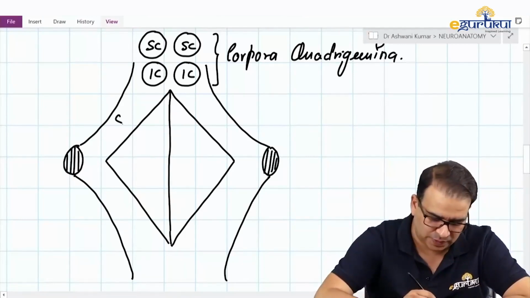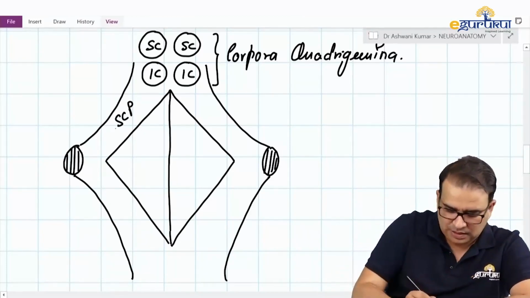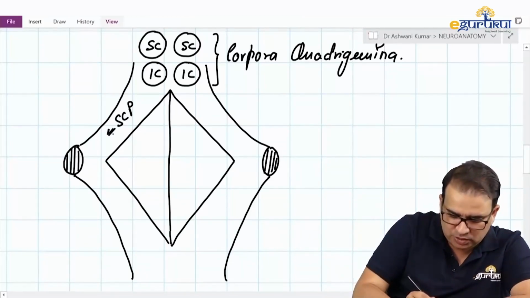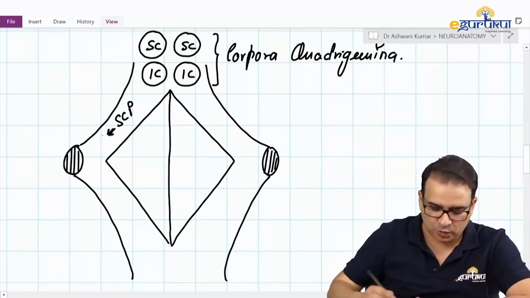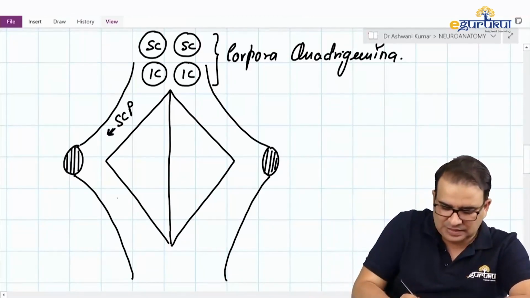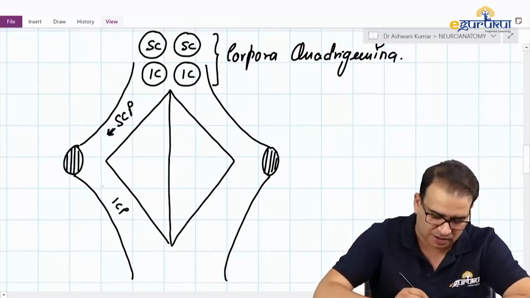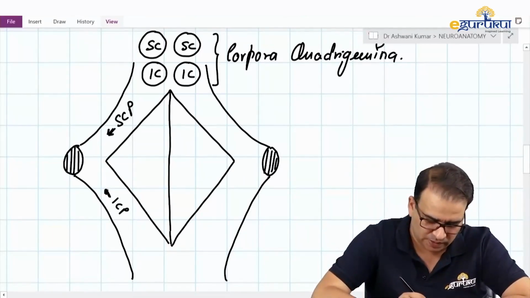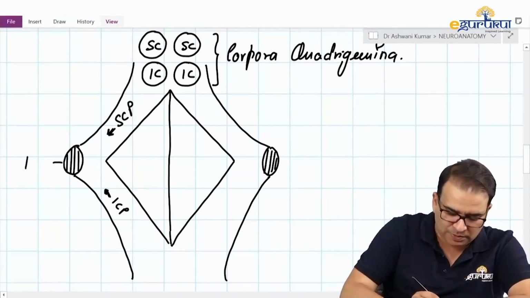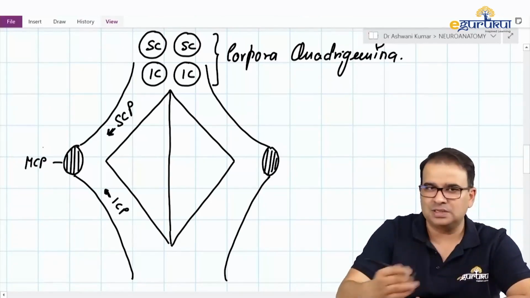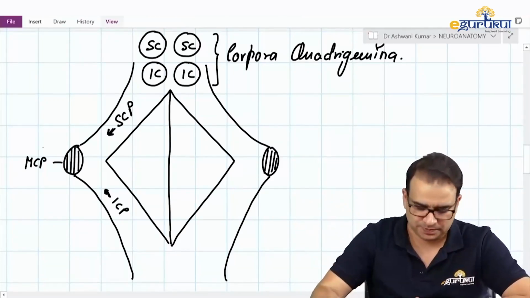Let me label this. This is a superior cerebellar peduncle. Let me just draw this arrow that is converging toward the pons, coming downward. Here we have ICP, the inferior cerebellar peduncle, which is going upward, and they're all fusing along with the middle cerebellar peduncle and entering into the cerebellum, which is removed from this picture.